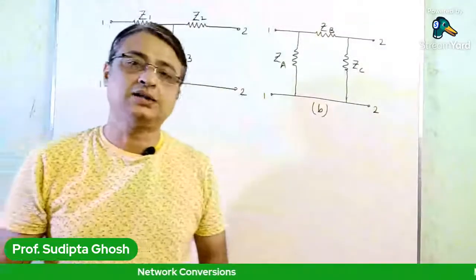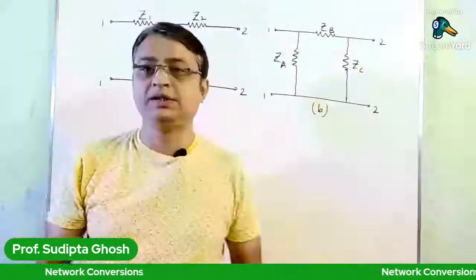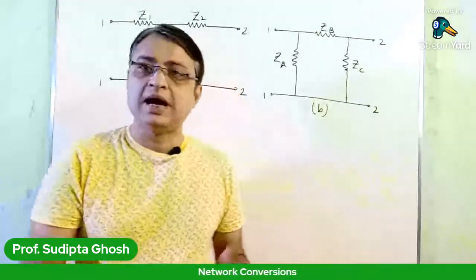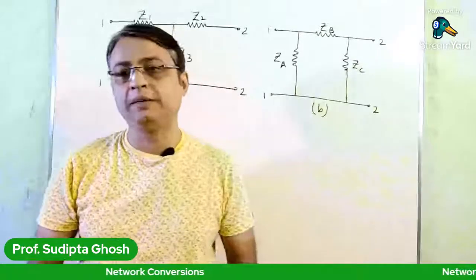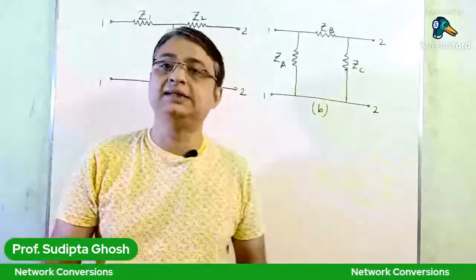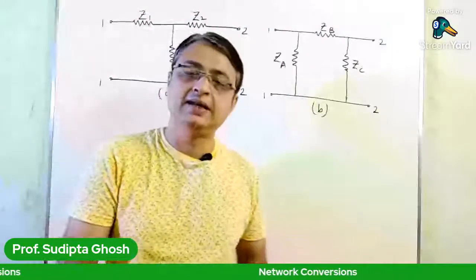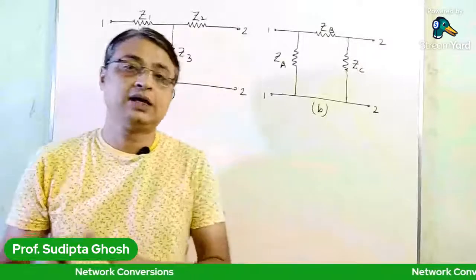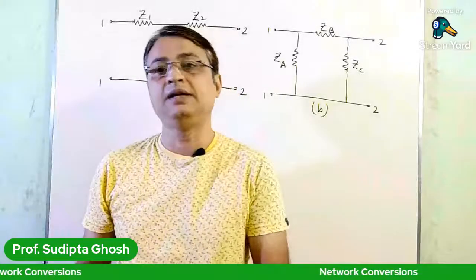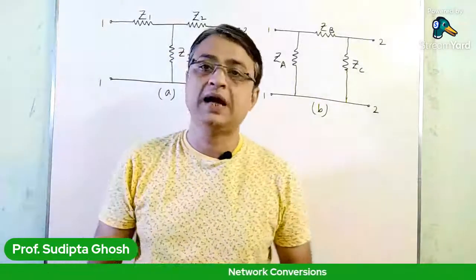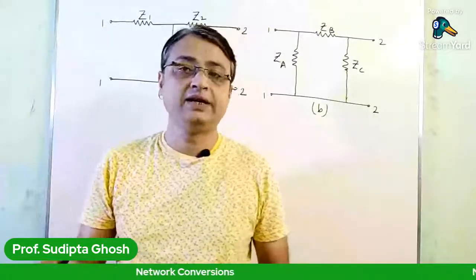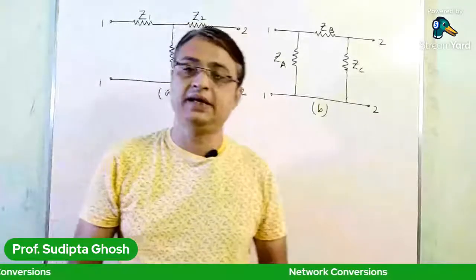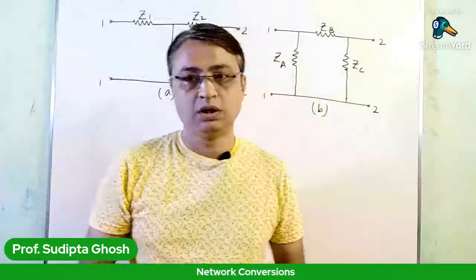In our last class, we derived four equations: Z1 OC, the open circuit impedance as seen from the 1-1 terminals; Z1 SC, the short circuit impedance again as seen from the 1-1 terminals; Z2 OC, the open circuit impedance as seen from the 2-2 terminals; and the last one, Z2 SC, the short circuit impedance as seen from the 2-2 terminals.